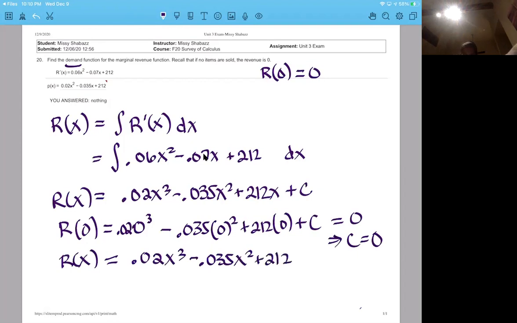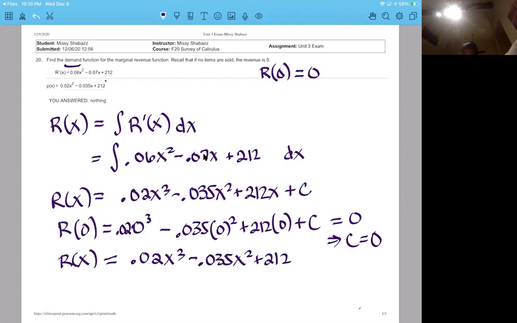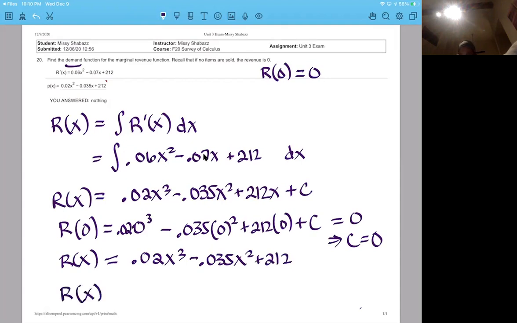Now, they want us to find the demand function, and I know r of x equals x times the demand function. So if I want to find the demand function, I need to solve for p of x. So p of x is equal to the revenue function over x.